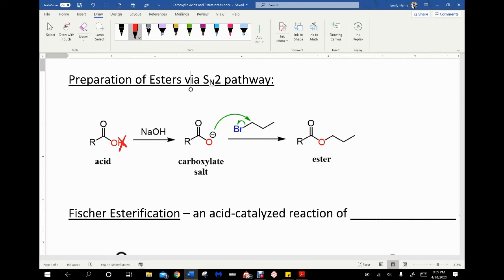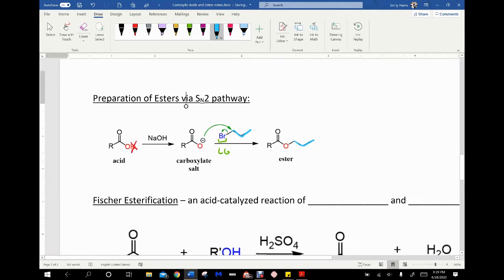That oxygen can then act as a nucleophile by attacking a part of an alkane chain that's connected to a good leaving group. So in this case, bromine would be your leaving group. The bromine leaves, and that leaves the oxygen attached to the rest of the molecule. And that's what forms your ester, okay? So that's one way to do it, reusing the substitution pathway.